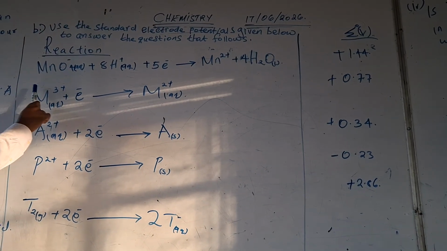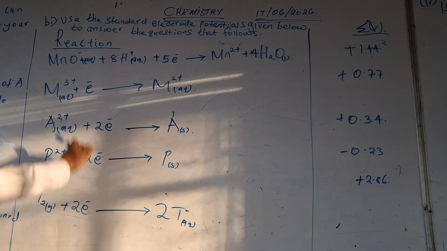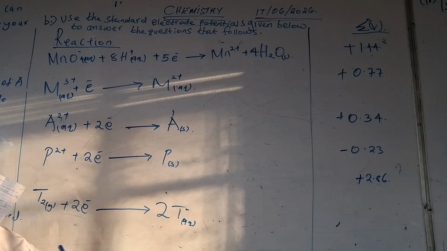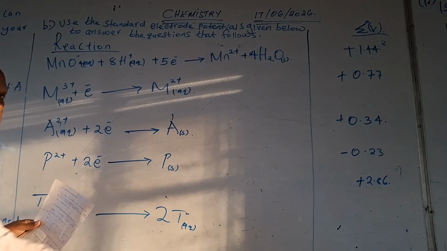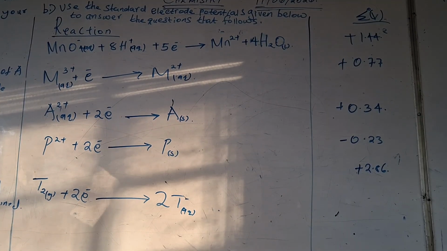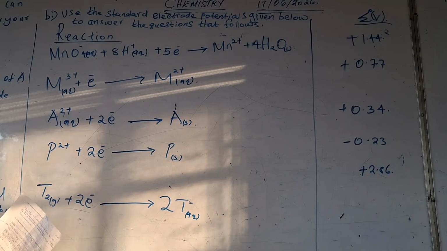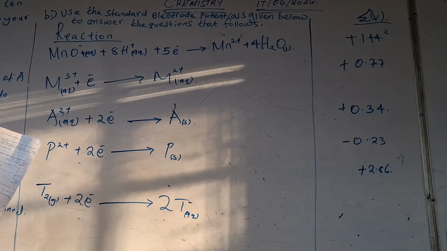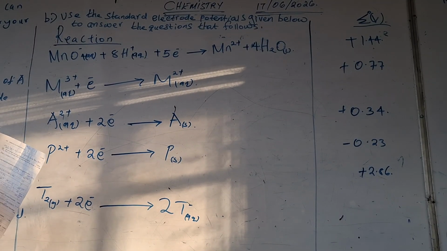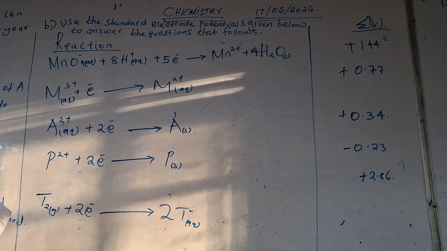Okay, we have this equation, that's the reduction potential. So this is the half cell equation, and then this is the reduction potential. Reduction potentials are also the same as electrode potentials. They are showing the tendency of an electrode to gain electrons.